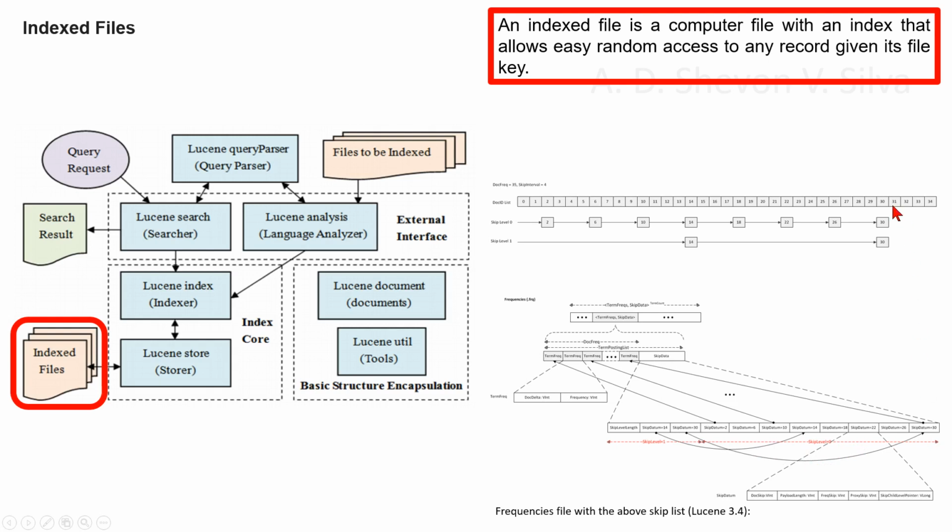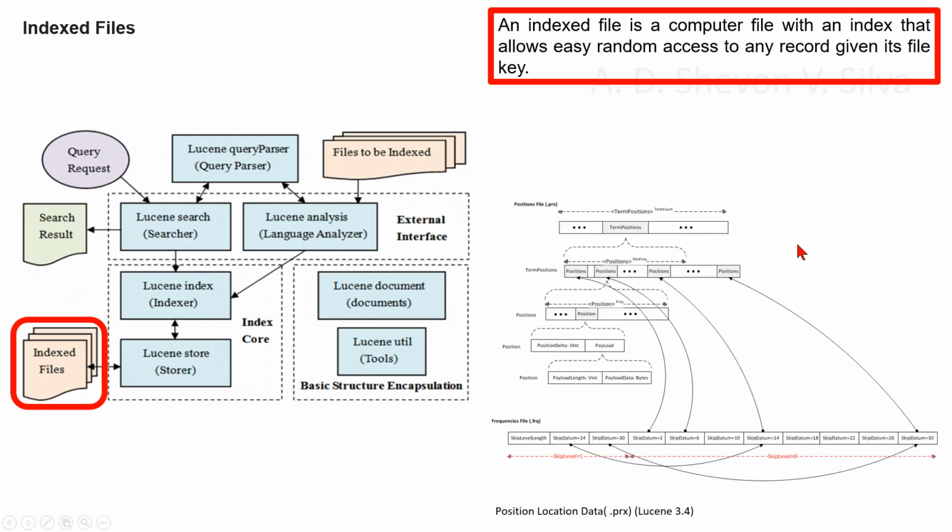Skip level is equal 0 here. Here the skip datum: doc skip vint, payload length vint, freq skip vint, proxy skip vint, and skip child level pointer vlong.